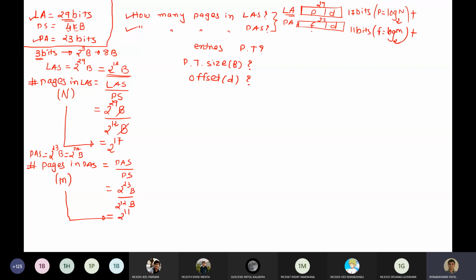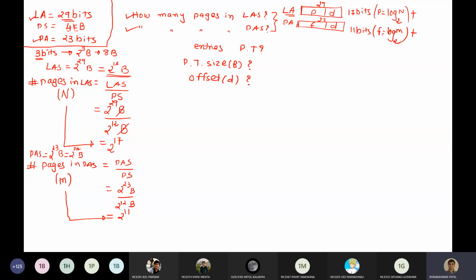Your physical address space has 2 raised to 11 pages, and to address those 2 raised to 11 pages, we require 11 bits.